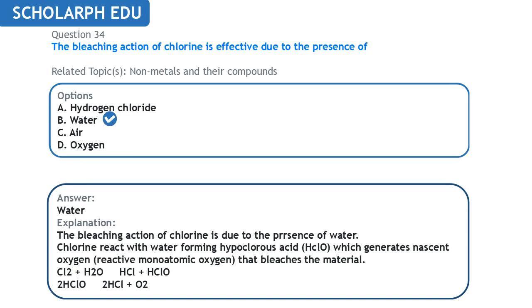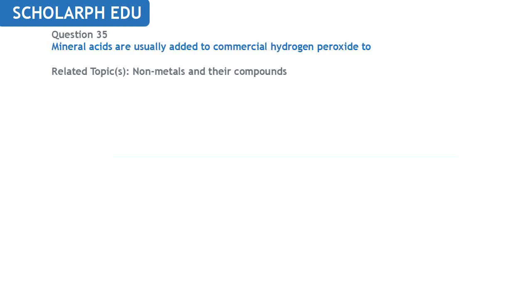The starting point is chlorine reacting with water. If we didn't have this, we would not have hypochlorous acid, which eventually generates the nascent oxygen, that is reactive monoatomic oxygen that bleaches the material. So it is the water that facilitated the bleaching action of the chlorine.